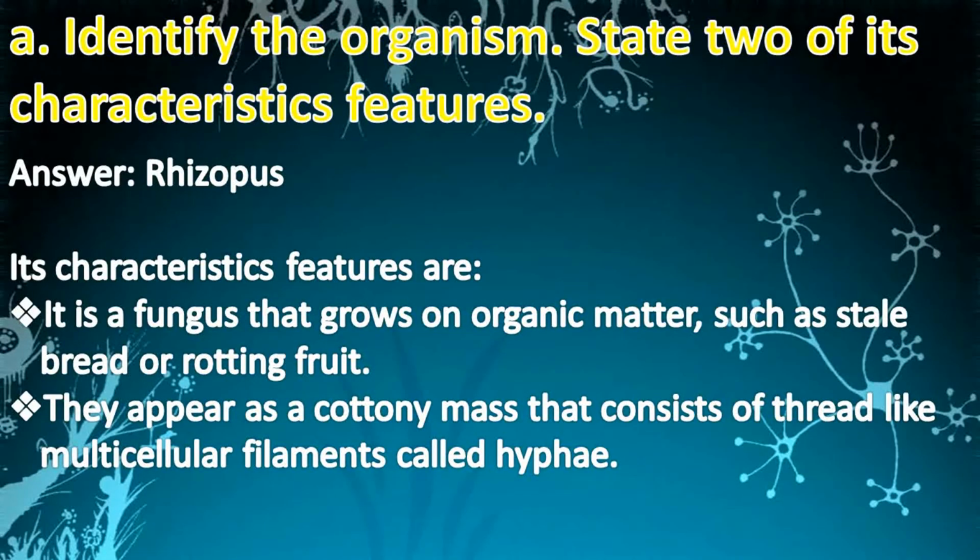Rhizopus. Its characteristic features are: it is a fungus that grows on organic matter such as stale bread or rotten fruit. They appear as a cottony mass that consists of thread-like multicellular filaments called hyphae.